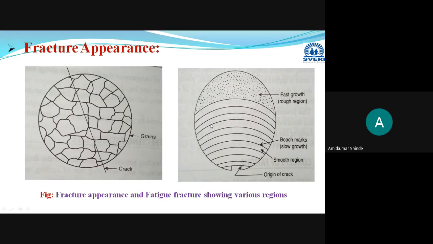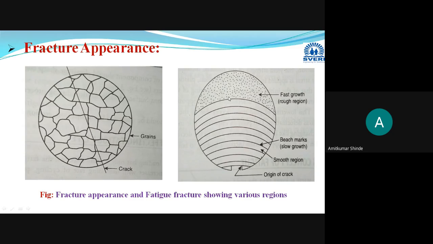Now, if you observe a particular cross section under the microscope, the fatigue fracture will have different regions. This keyhole type region is the origin of the crack. After the origin, the crack progresses and shows some smooth regions.